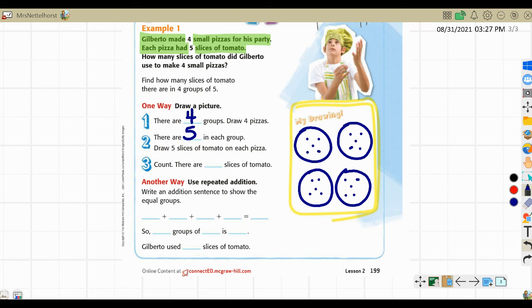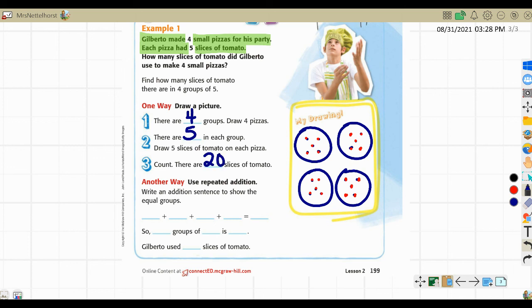There are blank slices of tomato, so let's count them. I'm going to go over it with red so you can see as I count. 1, 2, 3, 4, 5, 6, 7, 8, 9, 10, 11, 12, 13, 14, 15, 16, 17, 18, 19, 20. So I know that there are 20 slices of tomato.